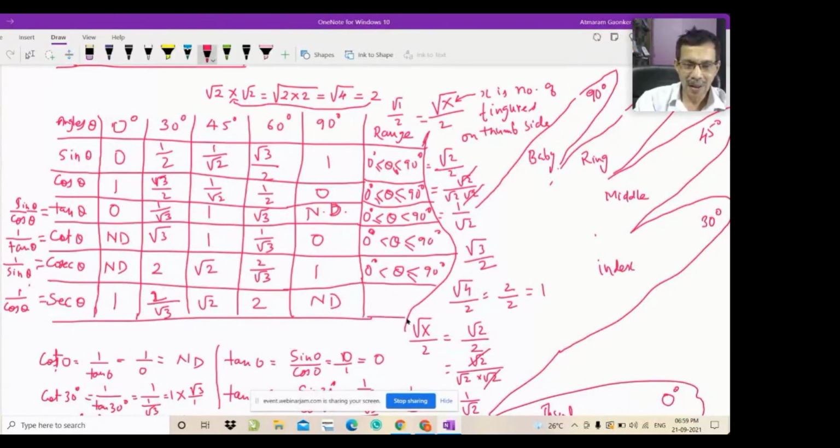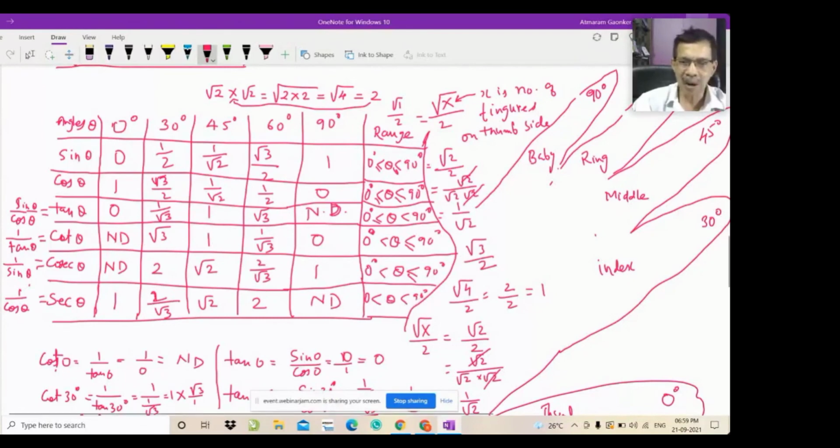And for the last one, please write in the comment box where the equality sign should be. Theta is greater than 0 or less than 90 degrees. Where should the equality sign come? Is it towards 0 or towards 90 degrees?